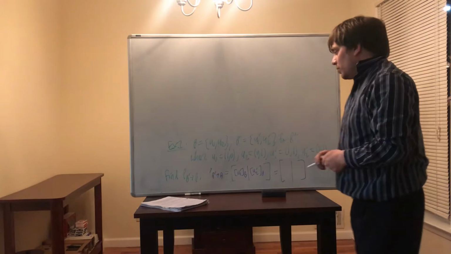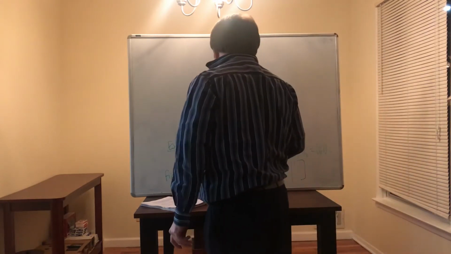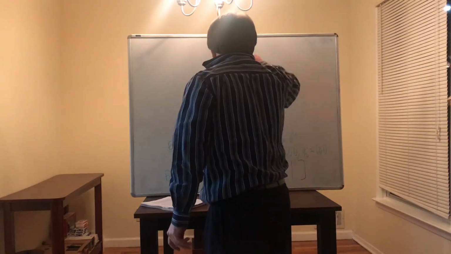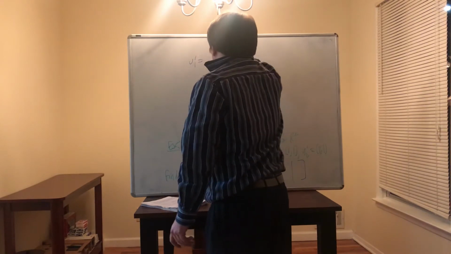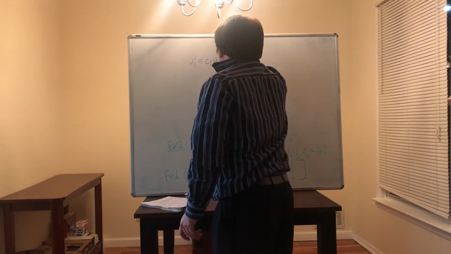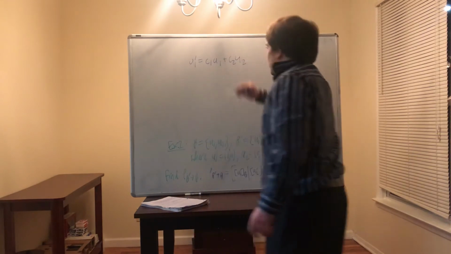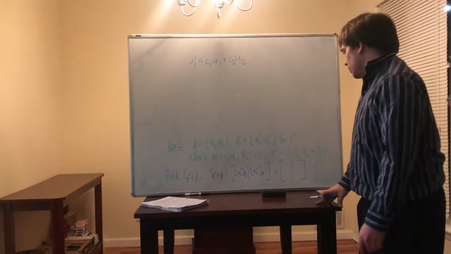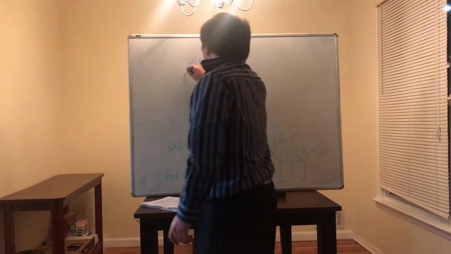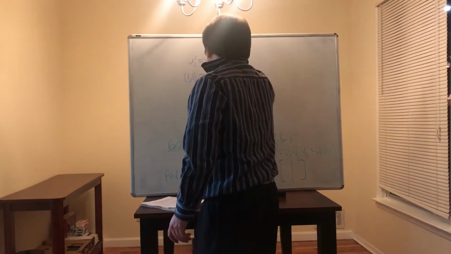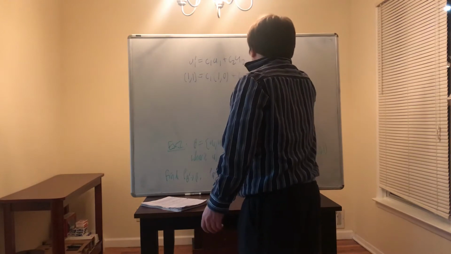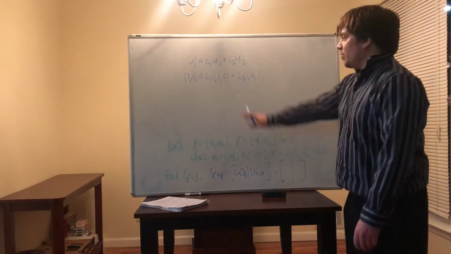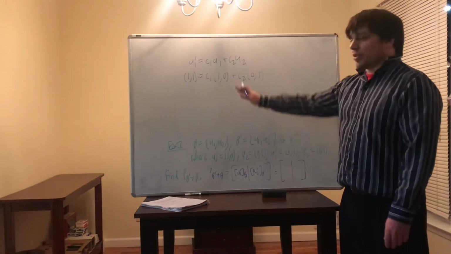Okay, so U1 prime, I want to express U1 prime as being a linear combination of U1 and U2. So (1, 1) is equal to C1 times (1, 0) plus C2 times (0, 1). And so we're just going to find C1 and C2 such that this equation holds.